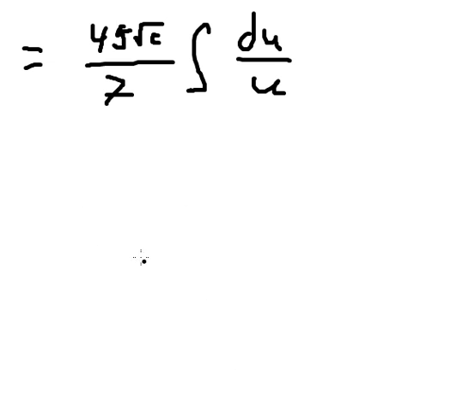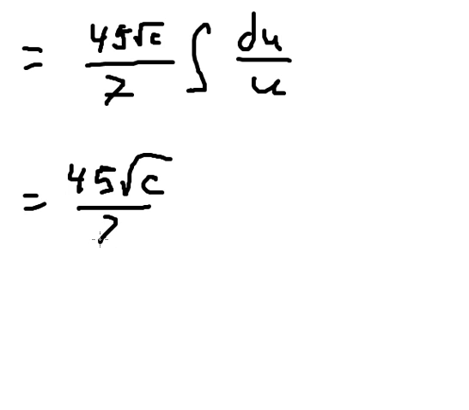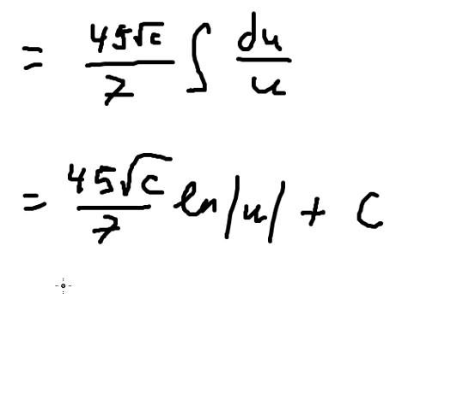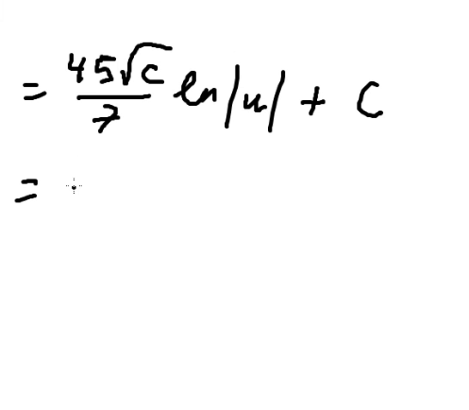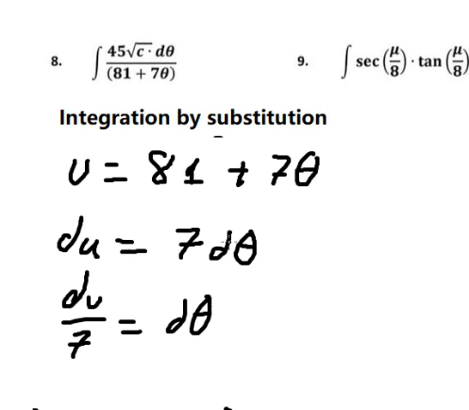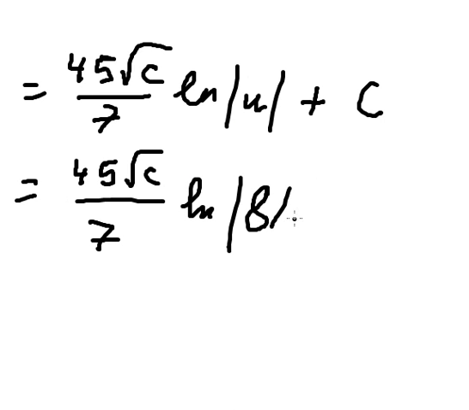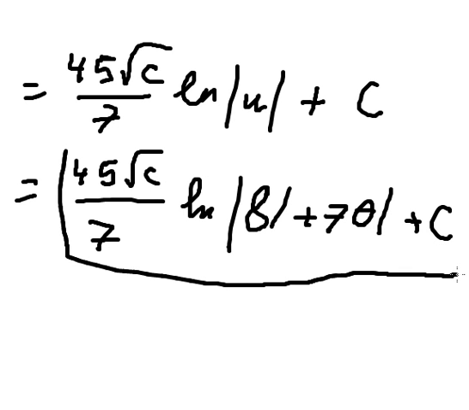So this one you get ln of the absolute value of u. About u, that is about this one. And this is the final answer in here.